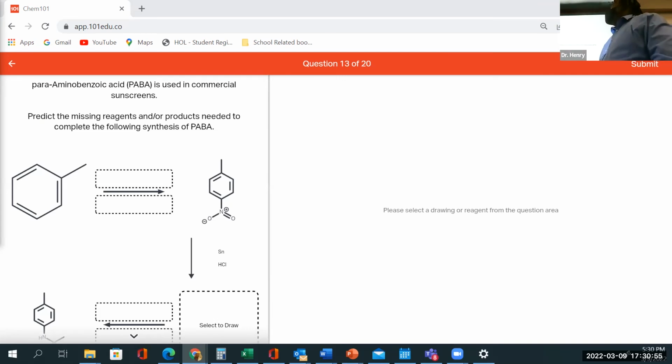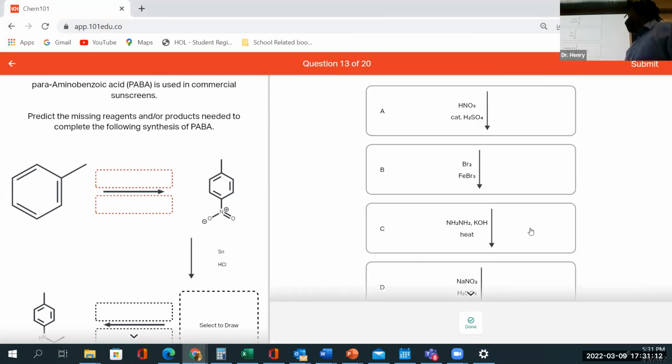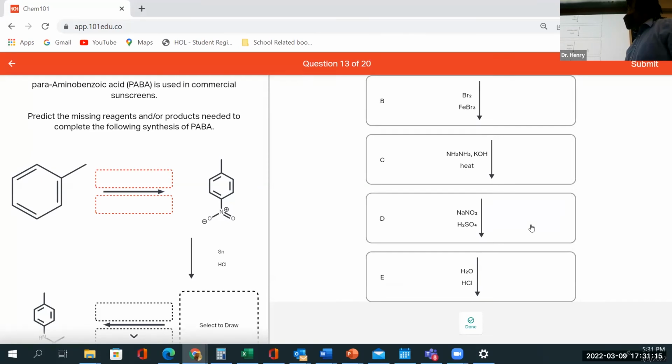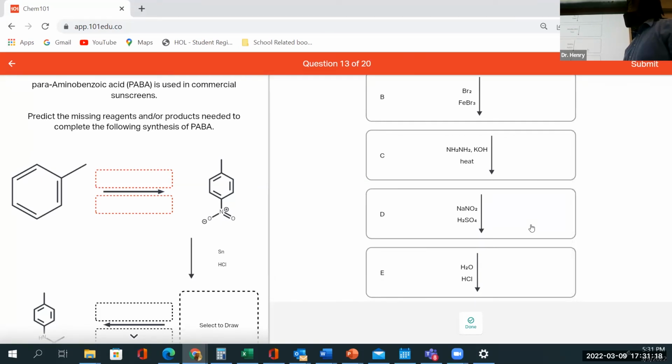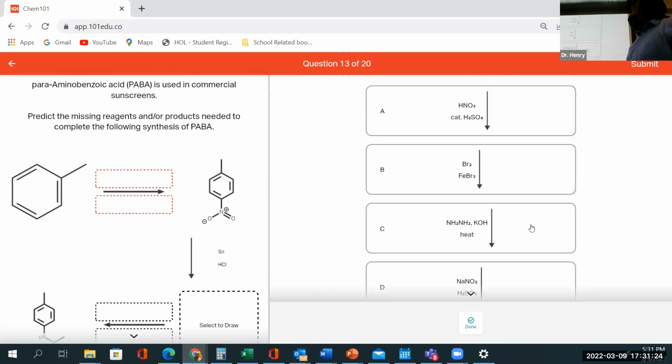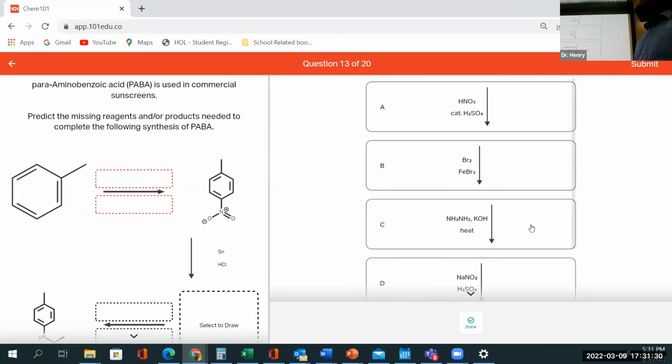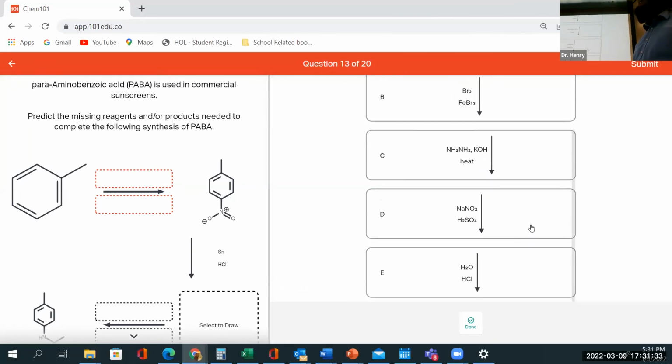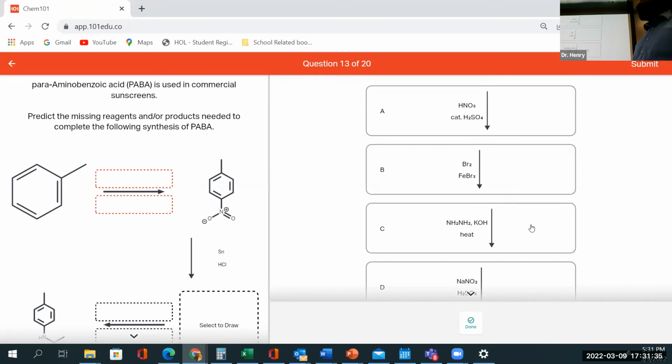Predict the missing reagents and or products needed to complete the following synthesis. So, what do you guys think it's going to be?